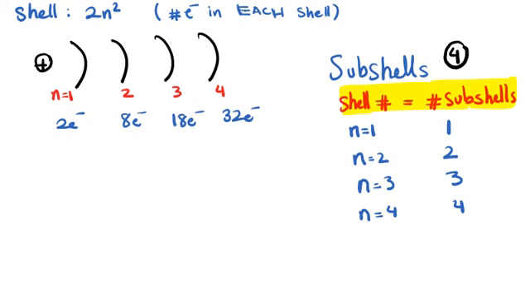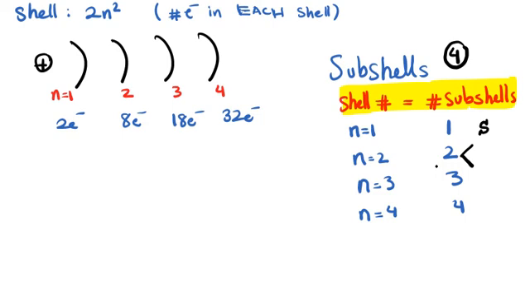I'm going to call each subshell by one specific term. This specific term should be memorized. Always, the first subshell we call S, and we write it as a lowercase s. So the first subshell is S. Now shell number 2 has two subshells.